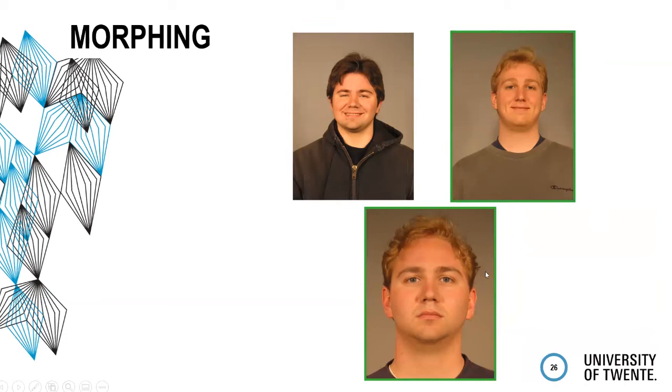So this opens up opportunities for fraud, because someone who is a criminal and is not allowed to travel or is not allowed to enter a particular country could ask an accomplice to go apply for a passport with a morphed photo that they created.